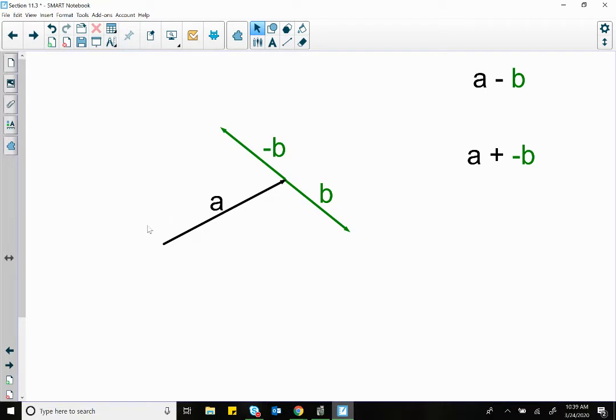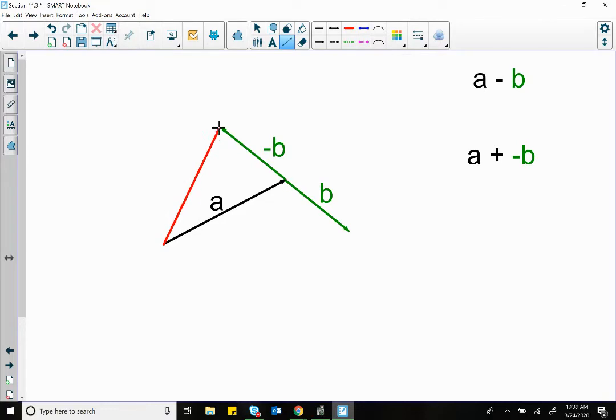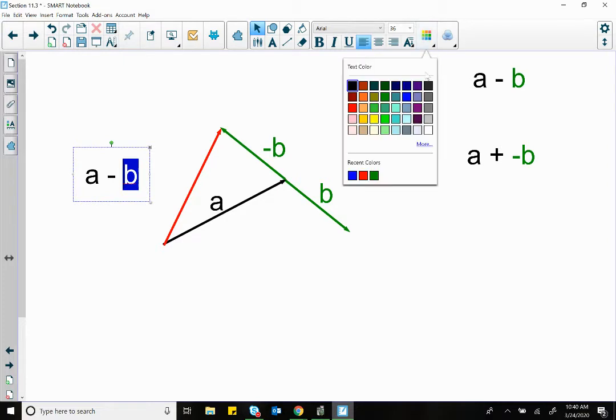So they're looking for this line connecting from here to there. Okay, that right there would be the A minus B. Okay?